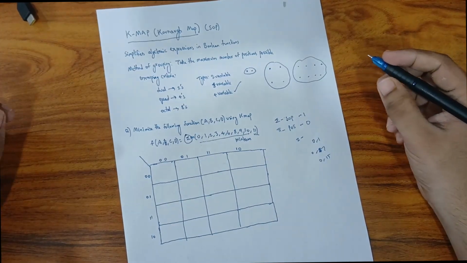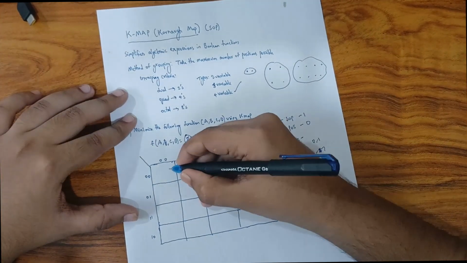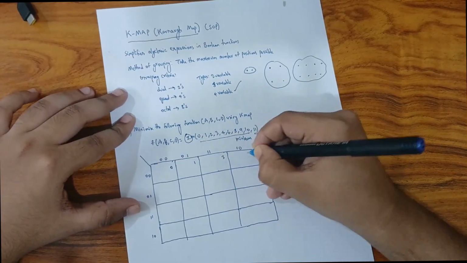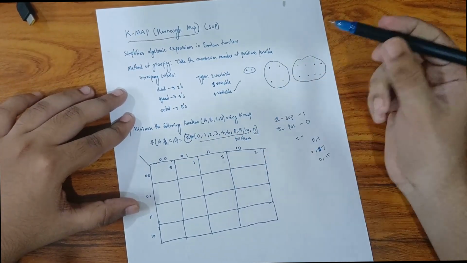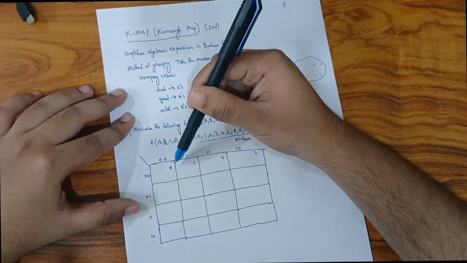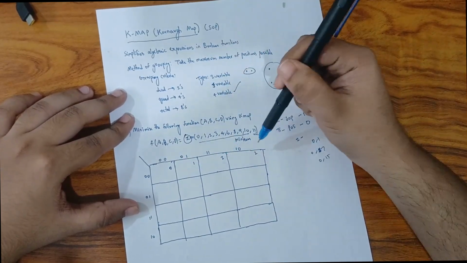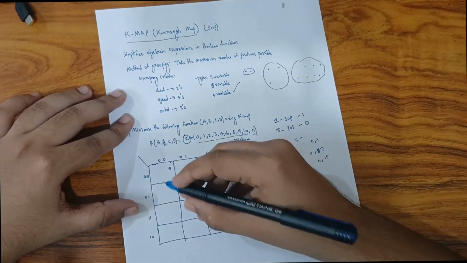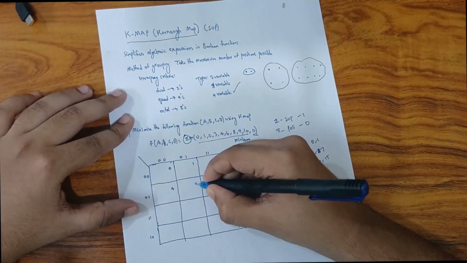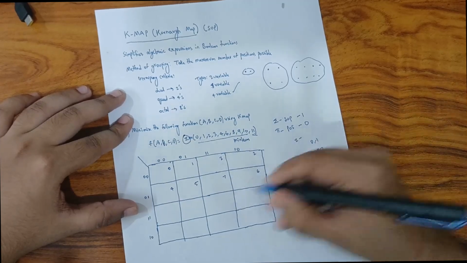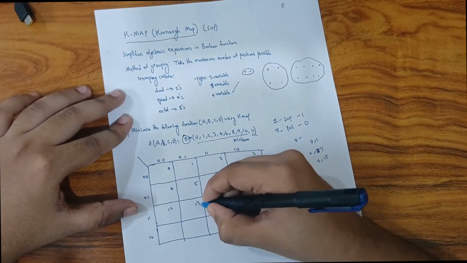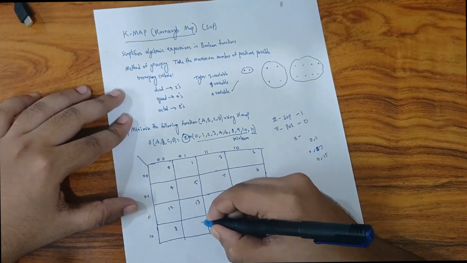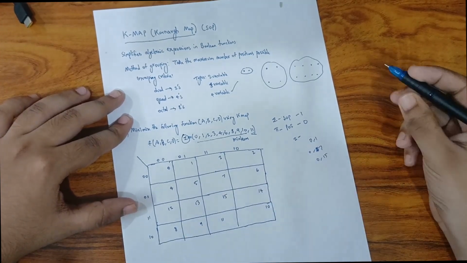Now let us mark the cells. Start with me: 0, 1, 3, 2. I think you got the gist of it. We are alternating the numbering in these positions, and follow with me, it gets even weirder: 4, 5, 7, 6, 12, 13, 15, 14, 8, 9, 11, 10.